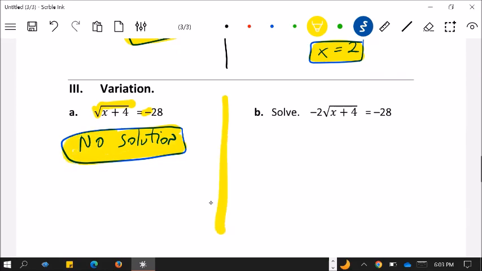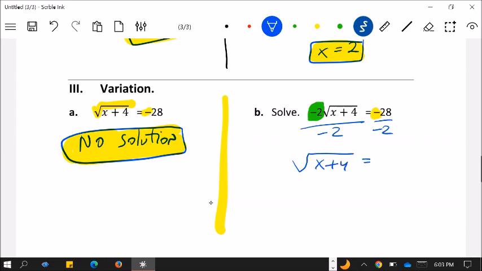However, on this next one, you look over here and there's a negative, and it looks as if you would say no solution, but it's a trick because you can't make that decision until you have cleaned it up. And therefore, the first thing you need to do here is divide by -2 on both sides and see that you have a square root of x plus 4 equals, oh, those negatives cancel out.